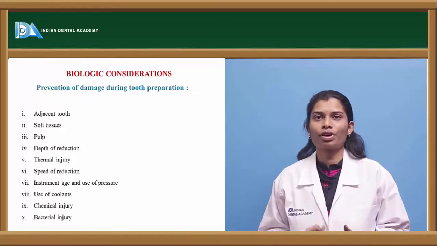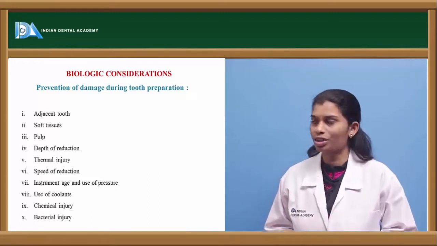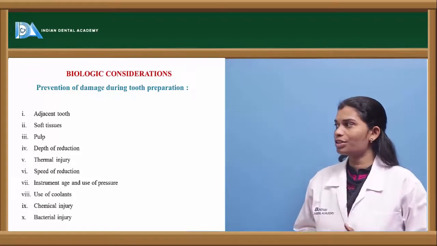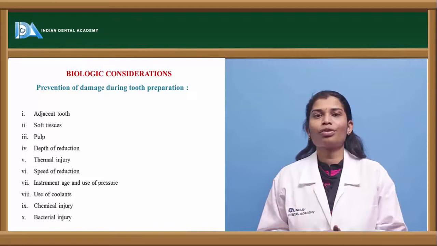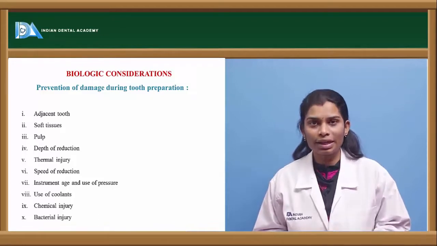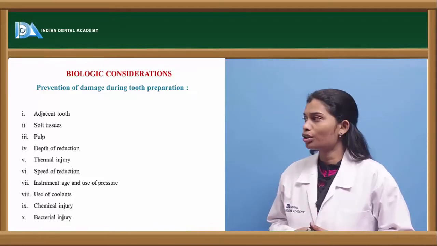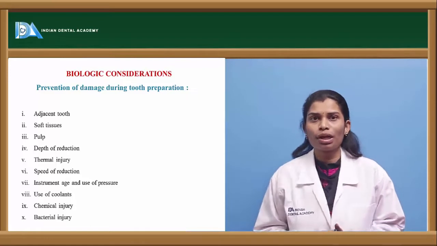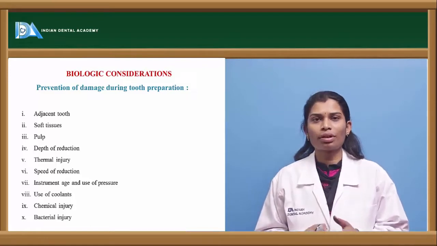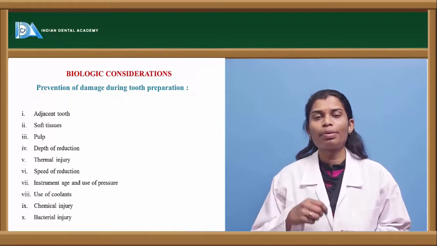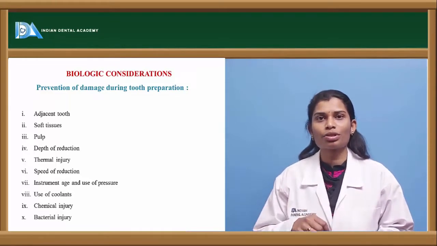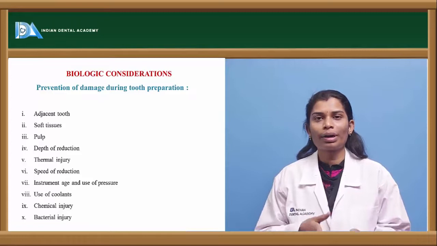Coming to the first, biologic considerations, the first one being prevention of damage during tooth preparation. In such cases, you have to consider the adjacent teeth and the adjacent soft tissues. In the adjacent tooth, it is inevitable that there might be iatrogenic damage while you are breaking the contact.